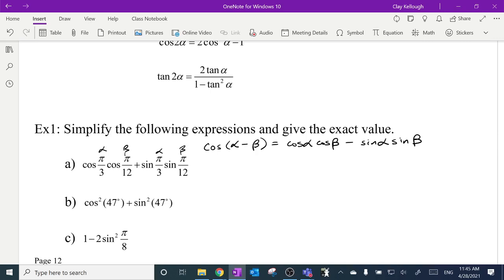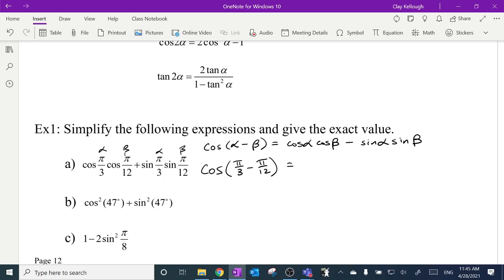So in other words, if alpha is pi by 3 and beta is pi by 12, then this is the cosine of pi by 3 minus pi by 12. And I can actually work with that. What is pi by 3 minus pi by 12? What's a third minus a 12th?